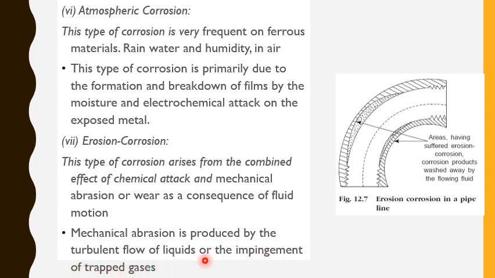Trapped gas movement can also cause erosion, but the liquid flow has high kinetic energy, so it will cause more erosion corrosion. Commonly we say that when water flows on soil, it erodes the soil. In the same way, when the fluid flows on the metal surface, it erodes the metal by its mechanical strength.